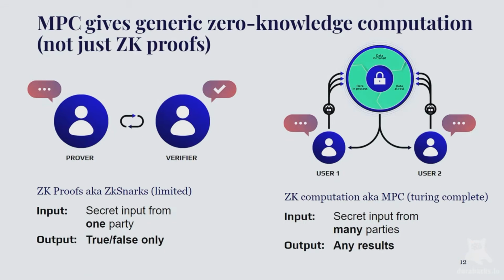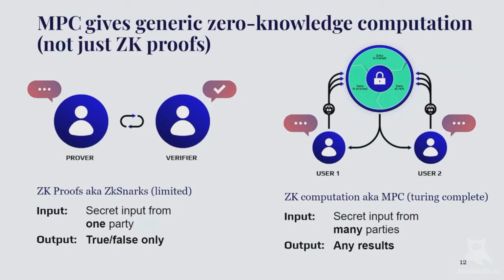So a few words about MPC or CK computation. Because as you probably saw from what I presented here, it is not the same as CK proofs. What you get with a CK proof or a CK snark is that one user or person, the prover, can create a proof that can then be published or sent to someone else.